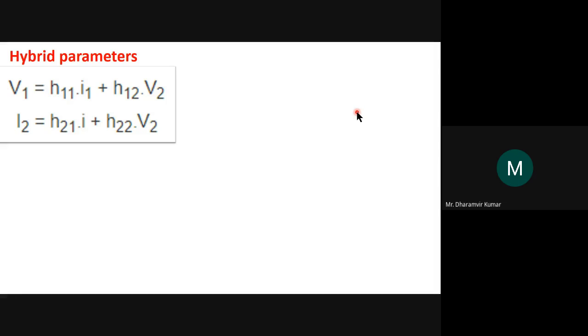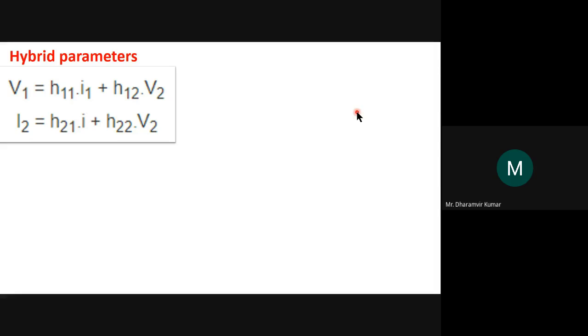In this book they have analyzed these using hybrid parameter modeling. Remember again that there are two types of modeling. We can model the BJT based on hybrid parameter models, or there is another one called the re model that can also be used for modeling BJT circuits.